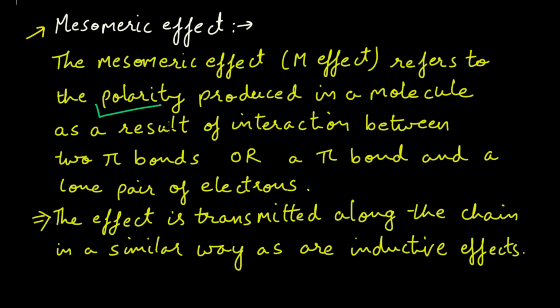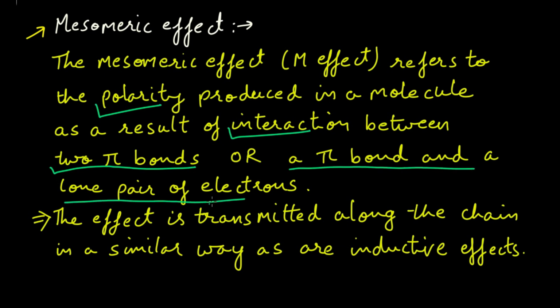First one is polarity. Second one is interaction. Interaction can be of two types, between two pi bonds or a pi bond and a lone pair of electron, right?